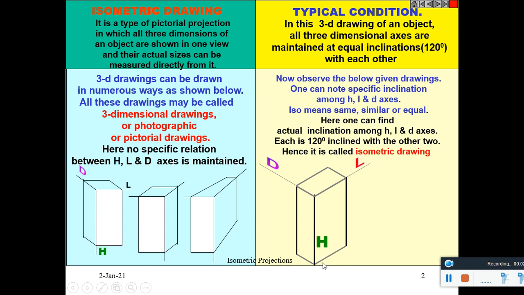And if a line is drawn horizontally, this angle will be 30 degrees and this angle also will be 30 degrees. This is the isometric view of a cube. Here also, if you draw a line here, you can see that this angle will be 30 degrees.